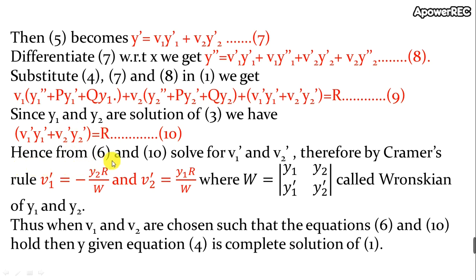Hence, using equation 6 and equation 10, solve for v1 and v2 by any method, but I use Cramer's rule. I get v1 dash is equal to minus y2 into R divided by capital W and v2 dash is equal to y1 into capital R divided by W, where W is the Wronskian of y1 and y2, defined by the determinant of y1, y2, y1 dash, y2 dash.